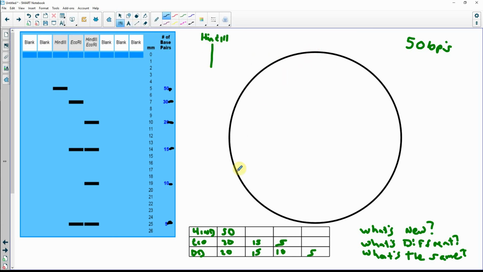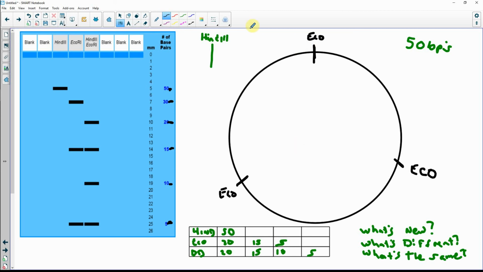If I want to cut this circular piece of DNA into 3 fragments, I'm going to cut once with Eco, and again with Eco. Now I have 2 pieces, and another time with Eco, and now I have 3 pieces of DNA. I hope that makes sense. 3 cut sites, 3 pieces of DNA.